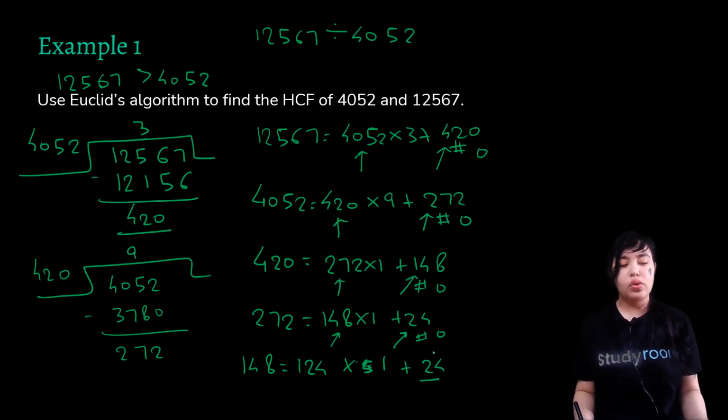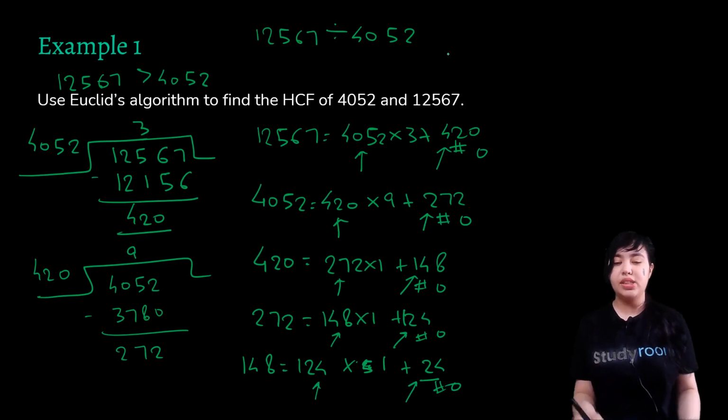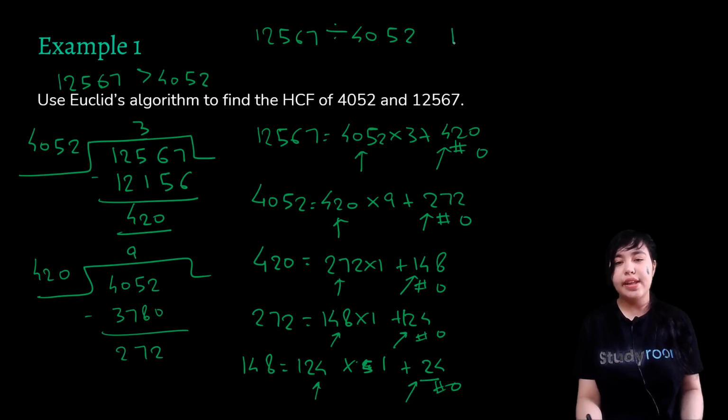Okay. So again what we see here is that this remainder is not equal to 0. So you do 124 divided by 24 to get Euclid's division lemma result, and you will see that 124 is equal to 24 into 5 plus 4.